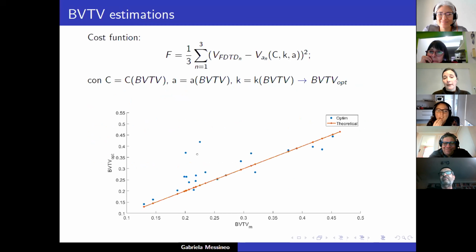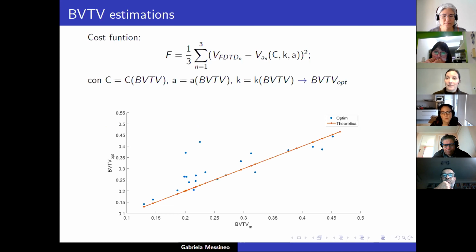I don't know if it is the measurements. Actually, the tomography images are quite different from each other. I show just one here, but maybe, I don't know, because it has the same bone volume. If you look here, you have two samples with the exact bone volume, total volume fraction, and the estimate is completely different.